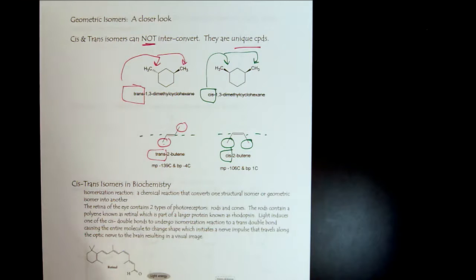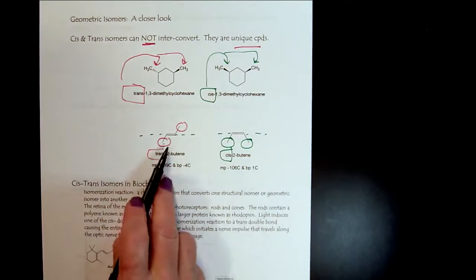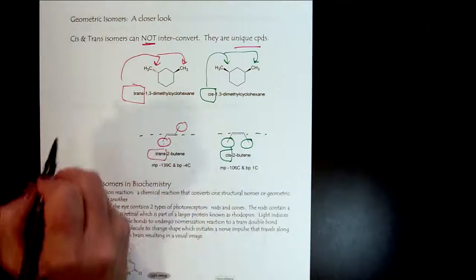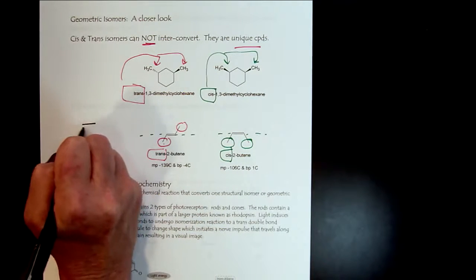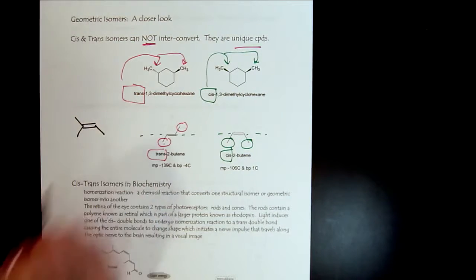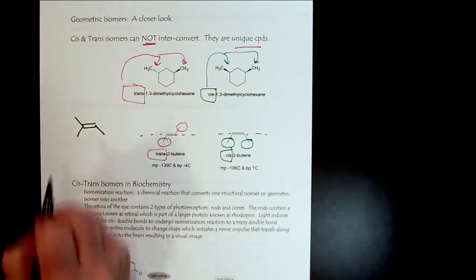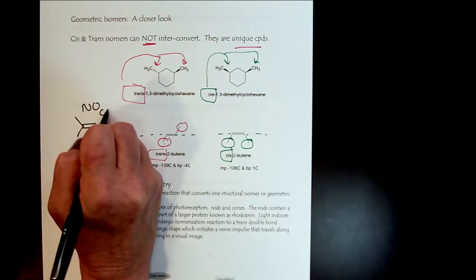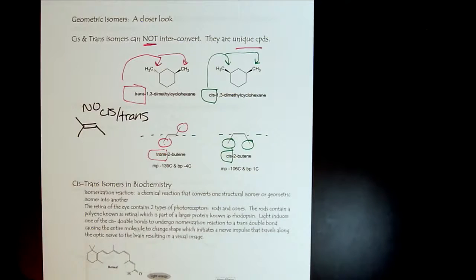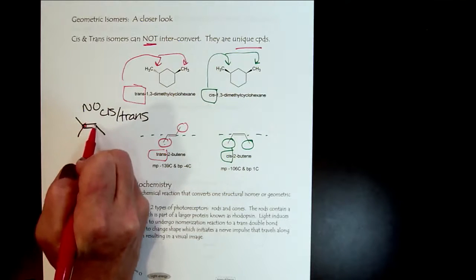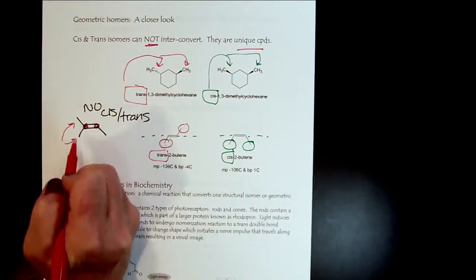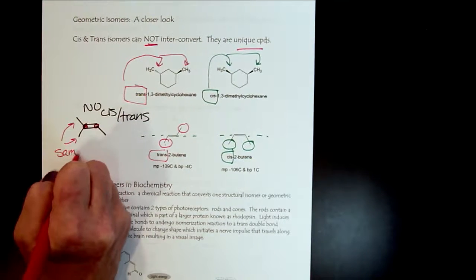One thing to notice, though, especially with the double bonds, is that it's important that there's two different groups. So if we look at this compound right here, there's no cis trans. All right, because when we look at the carbons forming the carbon-carbon double bond, notice that these two groups are the same.